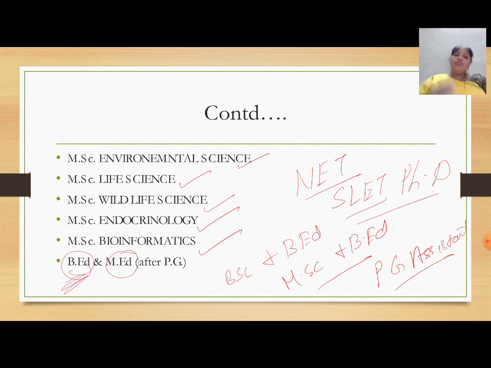But you cannot come to the mainstream of aided teaching stream. For that, you have to do your UG, PG in the same subject. Please always remember that. And there is a requirement of good teachers all over India.